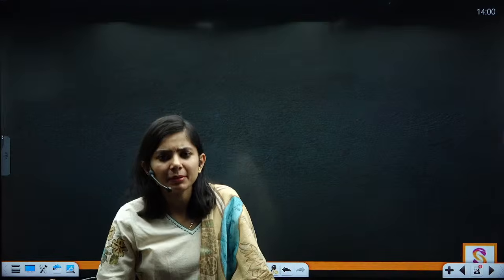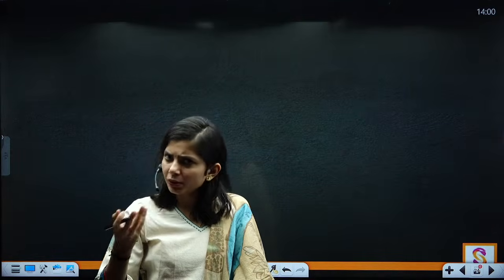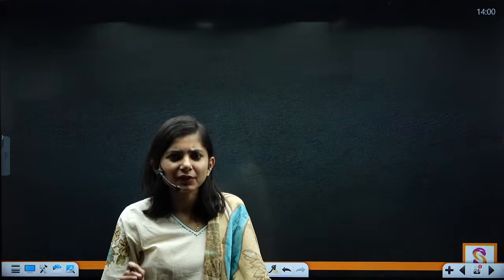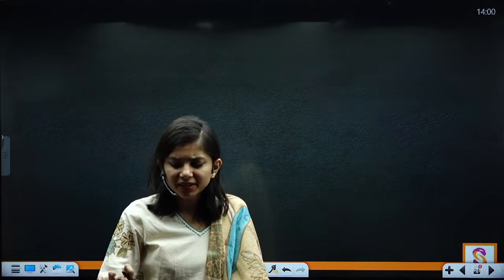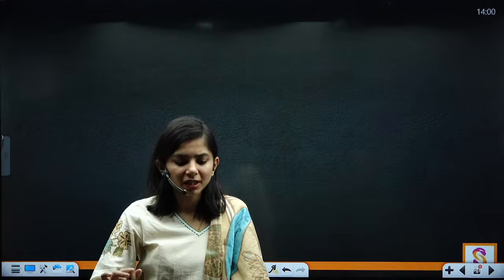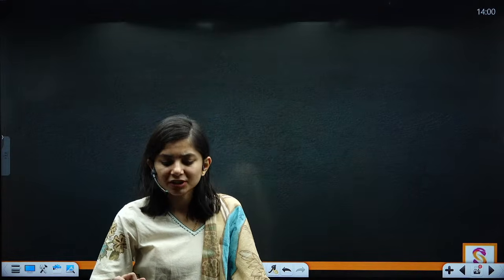Again, there is a part on the ways to acquire mates. There are different ways to acquire mates, like in the tribal communities. You are already aware that 10 marker questions come from this part, but UPSC is not asking those 10 marker questions on this part now.